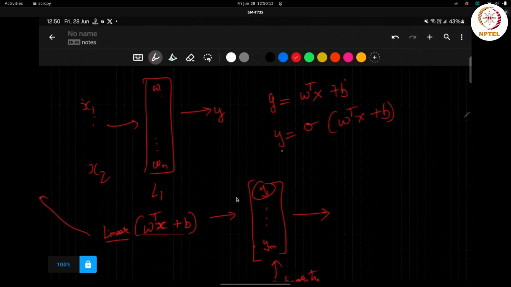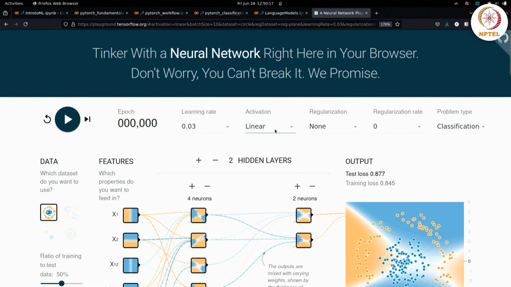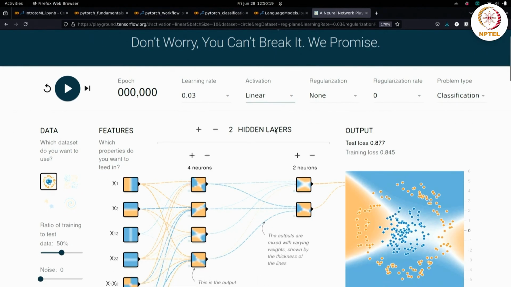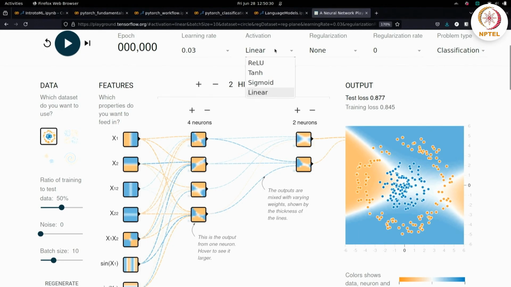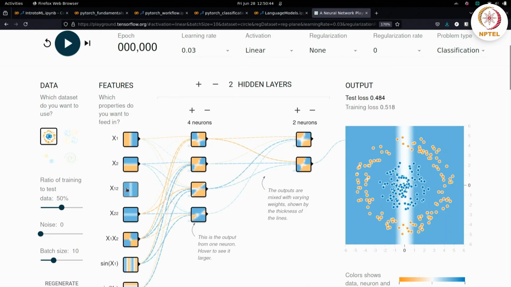That's what we mean by applying nonlinearity in a neural network. When the activation is linear, we are saying that there is no nonlinearity. It is just simple linear matrix multiplication like this. And you can choose any of these activation functions, and they would end up applying some non-linearity to the network.